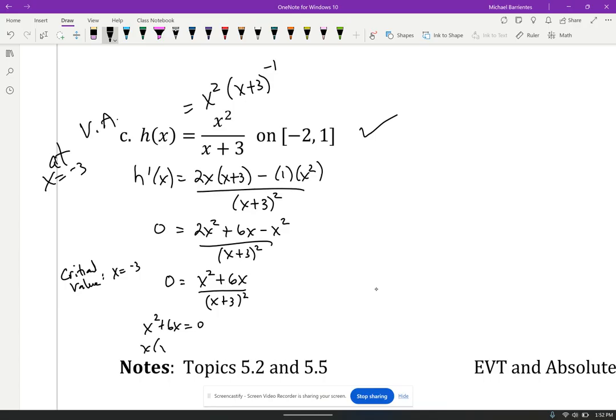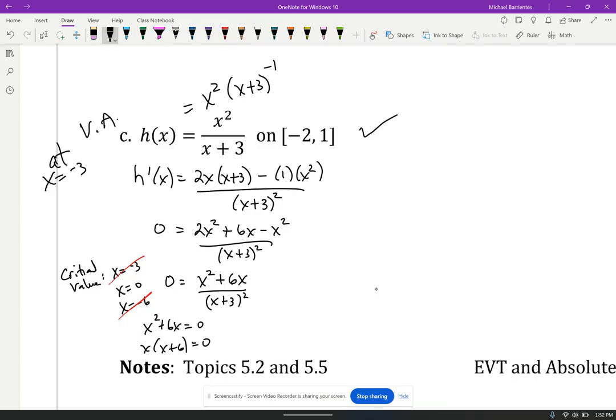And I think I can factor out an x, which is going to make it easier to see that this is a critical value and this is a critical value. However, once again, negative 6 is not in the interval. So even though this is a critical value and this is a critical value, I don't need to worry about those. The only one I need to check is 0 because 0 is in that interval, as well as the endpoints.